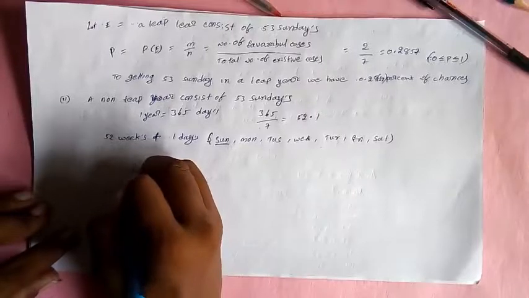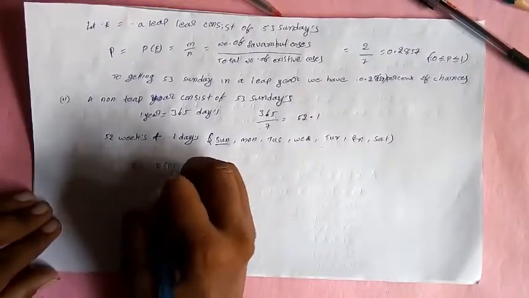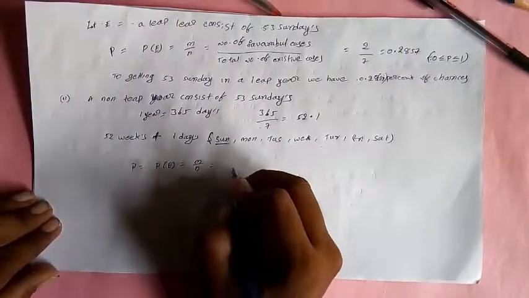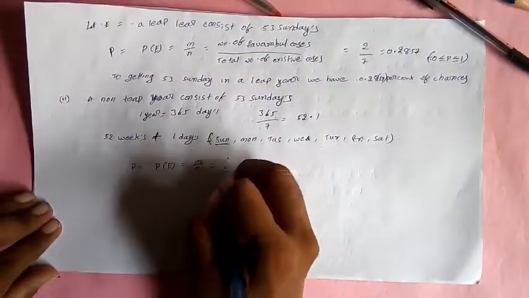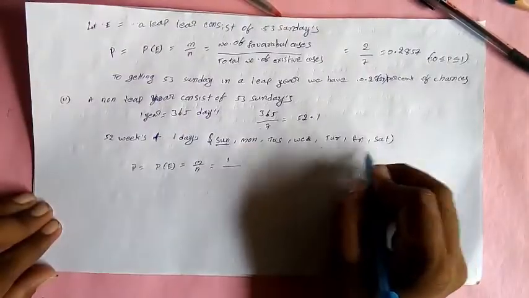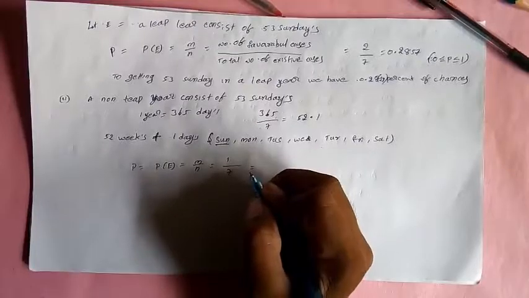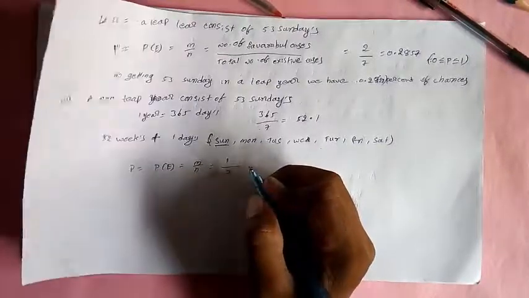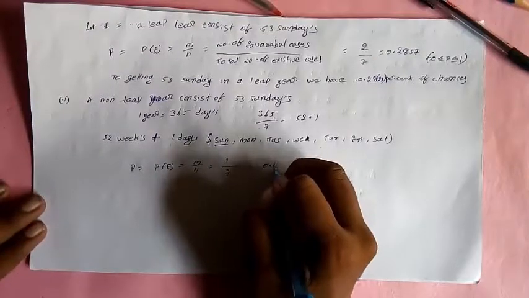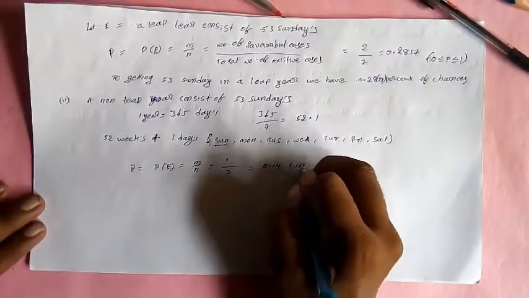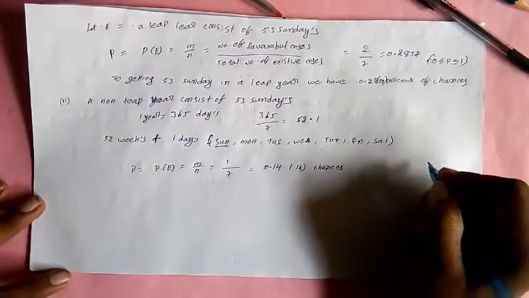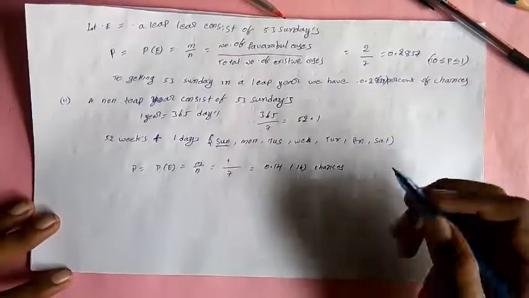So P(E) is equal to m by n, same formula. The number of favorable cases is equal to 1, and the total number of exhaustive cases is 7 days in a week. So 1 divided by 7 is equal to 0.14, that is 14% chance of getting 53 Sundays.